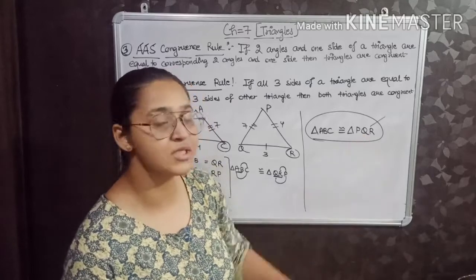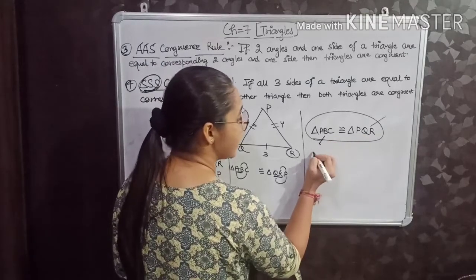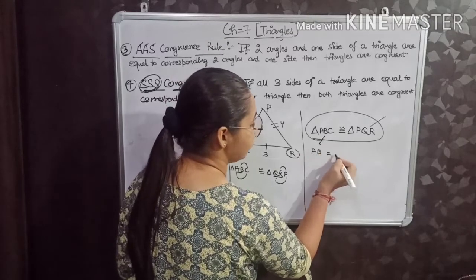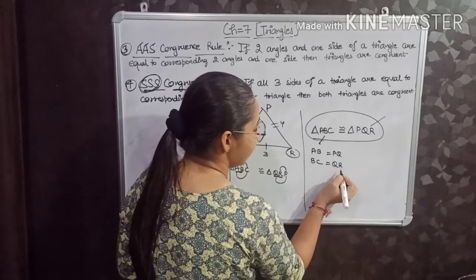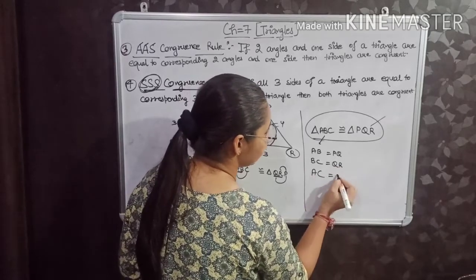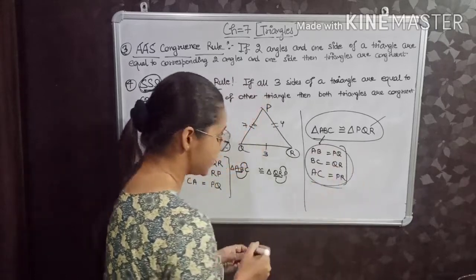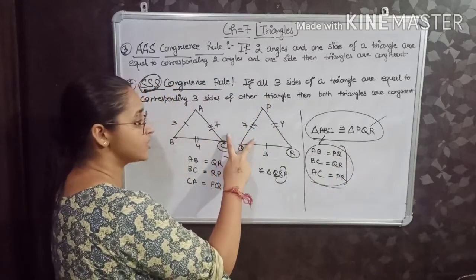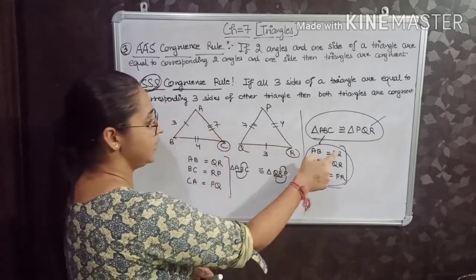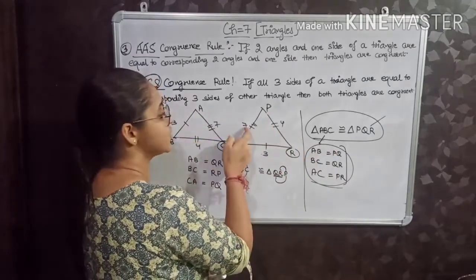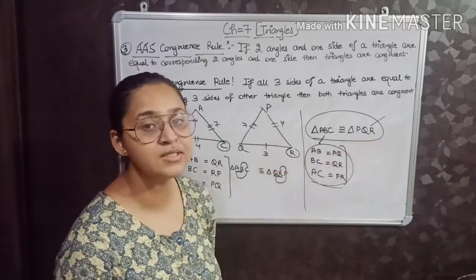And from this equation I can write AB is equal to PQ, BC is equal to QR, and AC is equal to PR. Now check whether all of the 3 equations are true from this figure or not. AB, what is AB? AB is 3. PQ is 7. Is 3 equal to 7? No, it means your naming of the triangle is incorrect.